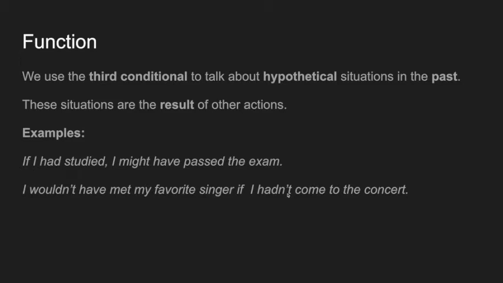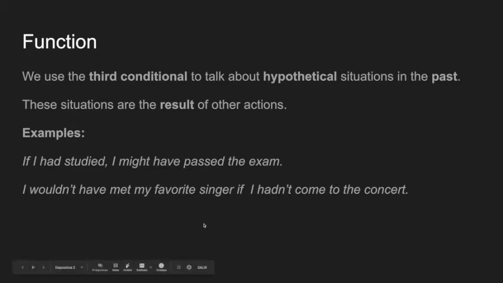He's hypothetically imagining what if the opposite was true. So he did meet his favorite singer and he did come to the concert. So this is talking about if I hadn't come to the concert, the result was that he wouldn't have met his favorite singer. So one is the result of the other.